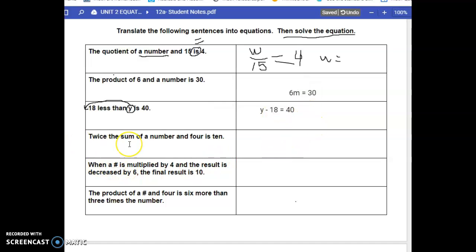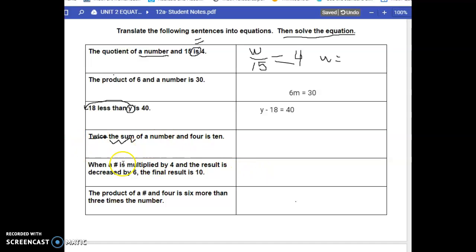Over here on this next one, we're talking about twice the sum of a number and 4 is 10. So twice is another word that means multiplied by 2. And what do we want twice of? We want twice of the sum. So this is what I need to make double or multiplied by 2. But the sum is made up of a number and 4.